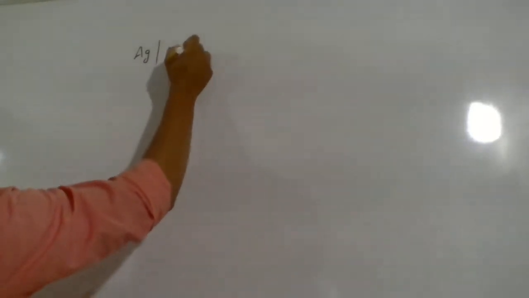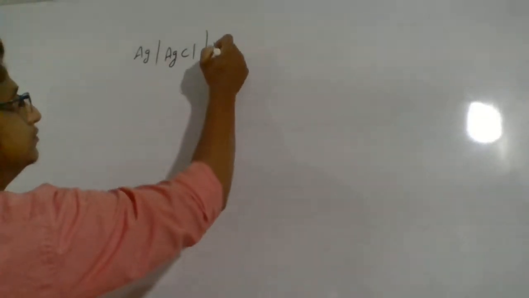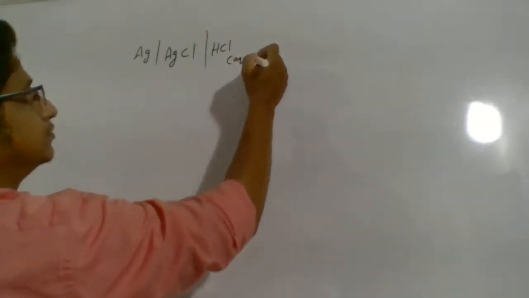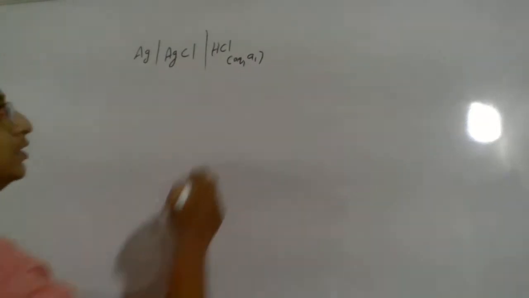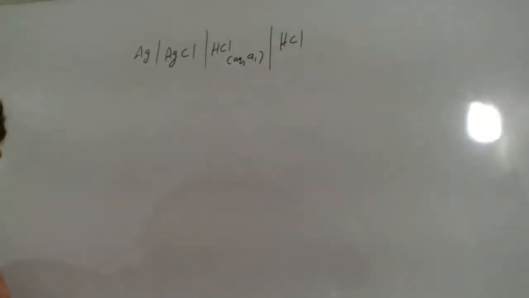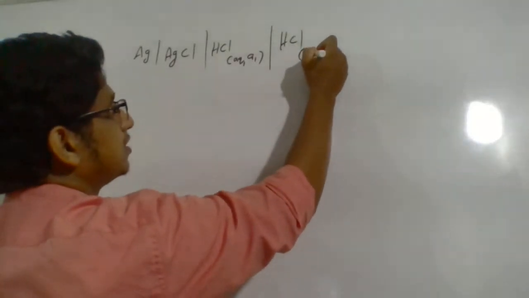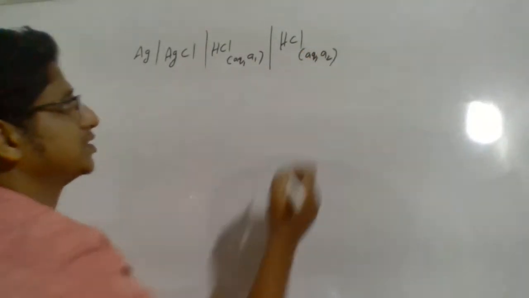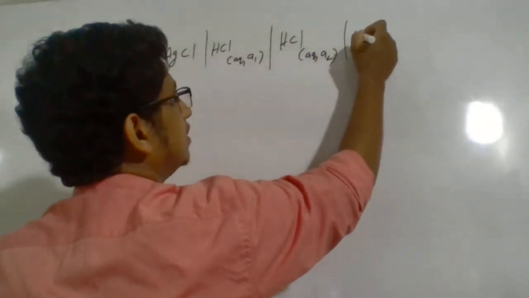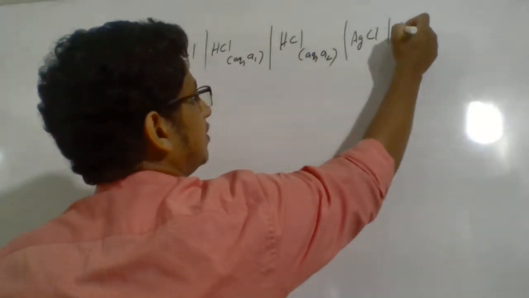Silver, AgCl in HCl solution of activity a1, which is separated from another solution having a different concentration, HCl of activity a2, then AgCl and Ag.